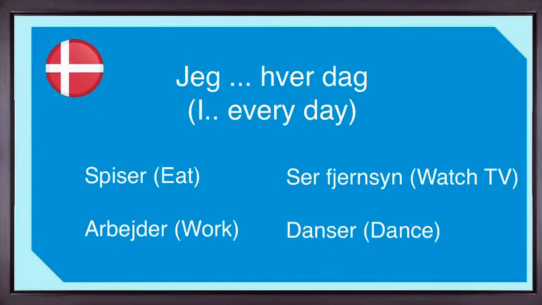So this one is something that you do every day. Notice that I put the word in the middle. So it's jeg spiser, arbejder, ser fjernsyn, danser. Alright? Jeg hver dag. I every day. Alright. Spiser.